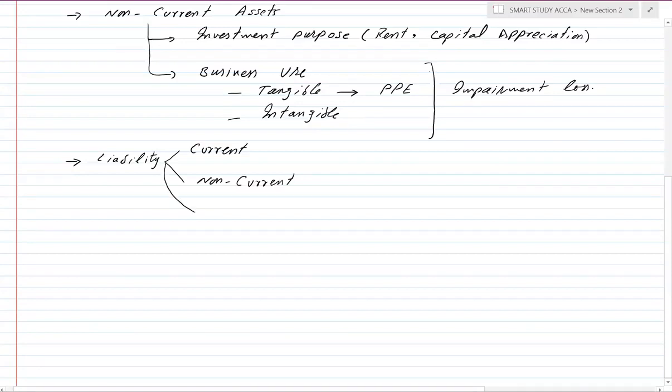There may also be provisions. Provisions are expected liabilities whose chances are more than 50%. So if there is any expected outflow and the chances are more than 50%, we should record that outflow as a liability, and that is called a provision. So there are different types of liabilities as well.